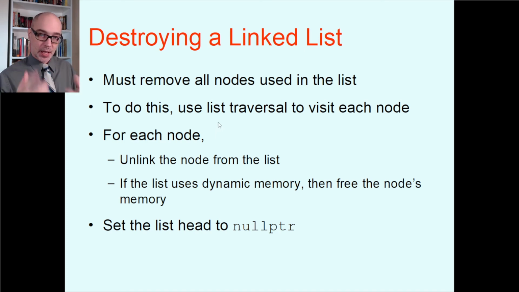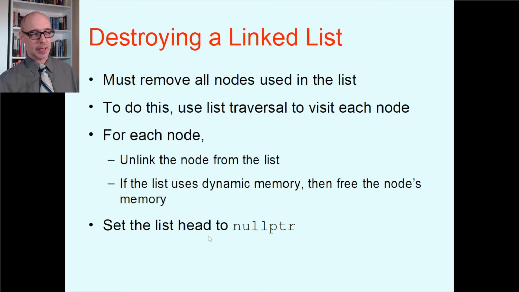So to do this, again, you're going to have one of those traversal while loops. You're going to scan every single node, and as you look at every single node, you have to unlink the node from the list. Basically, you do that delete job on every single thing, unlink it from the list, and then, using dynamic memory, which is what I would expect to do, free that node's memory, and then go on to the next one. Okay?